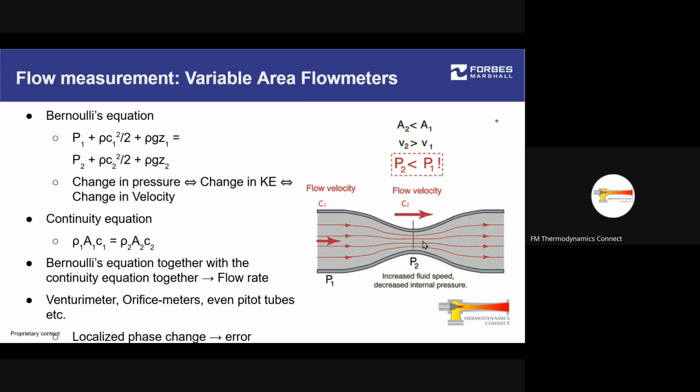The kinetic energy at the throat of this convergent section, or venturi if you want to call it, will be excessive because now it's not just liquid traveling, it's liquid plus some vapor. Vapor has a much larger volume, so the velocity increases drastically. And that change is not exactly captured due to this equation's non-homogeneity. So the density part, rho, is no longer constant. This is a challenge you face.